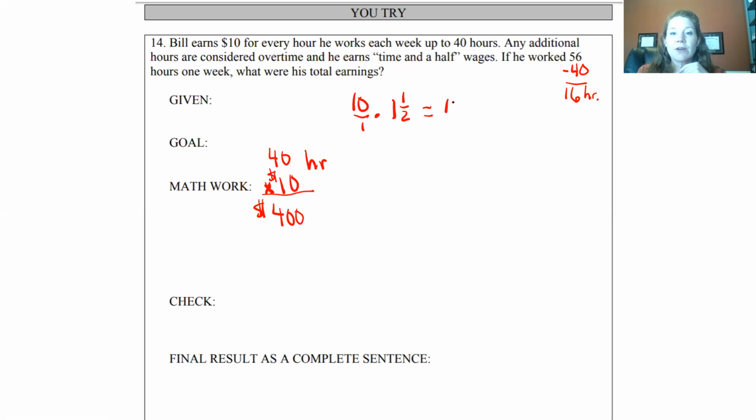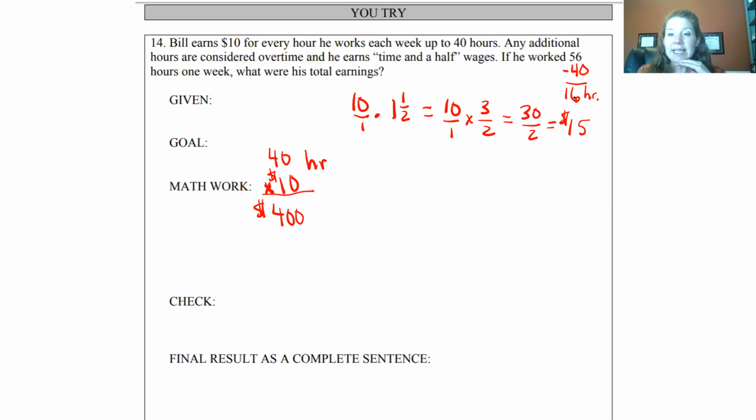So we're going to do 10 over 1 times, so time and a half means all of 10 and half of it. So 1.5, right? So now we multiply by 2 times 1 is 2 plus 1 is 3 halves. So 10 times 3 is 30, 1 times 2 is 2, and 30 divided by 2 is $15 per hour.